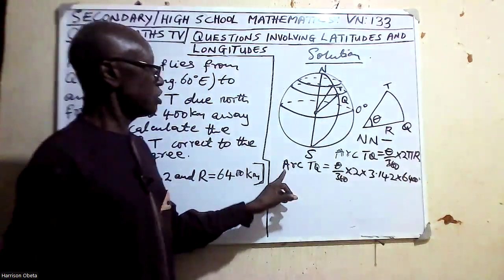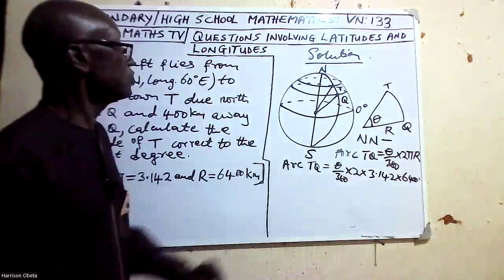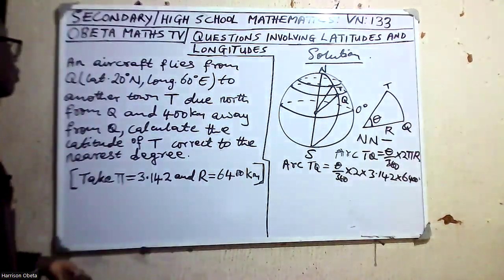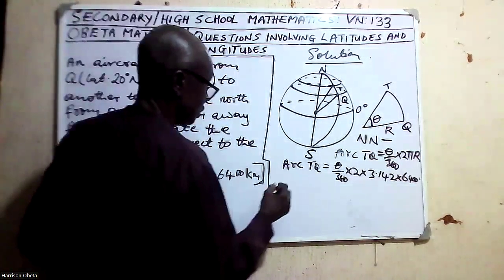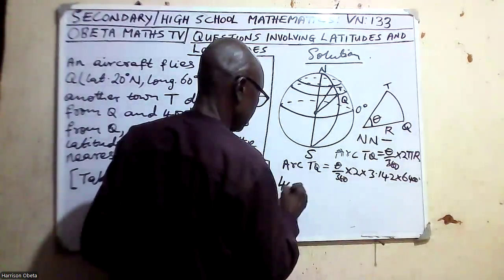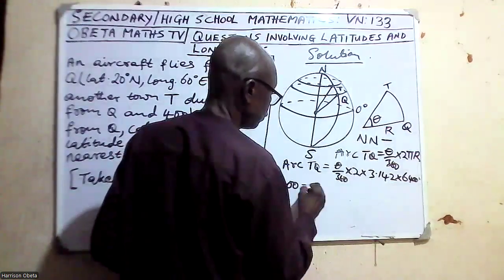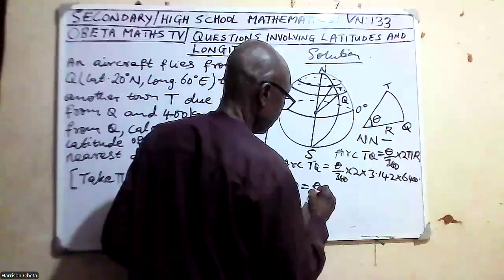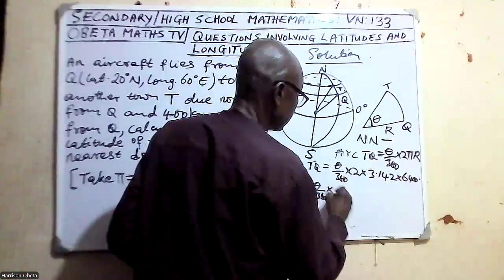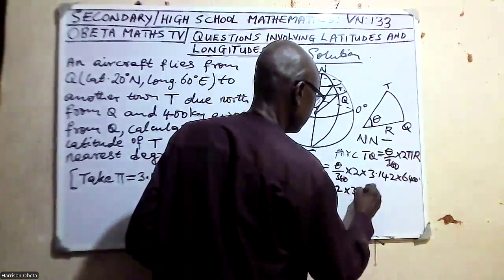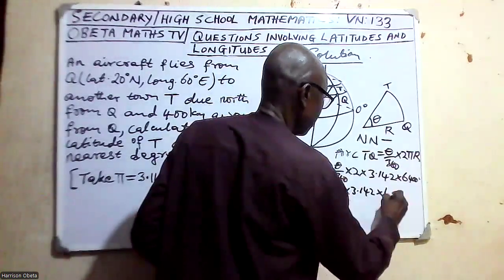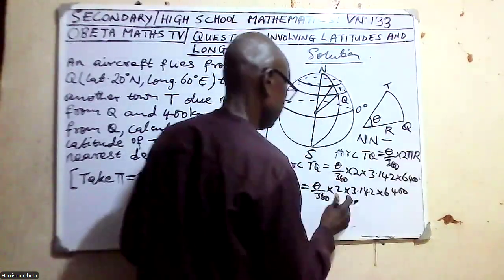Now, but remember that we know the distance from T to Q. We are given that it is 400 kilometers. So that means we now have 400 is equal to theta over 360 times 2 times 3.142 multiplied by 6400.